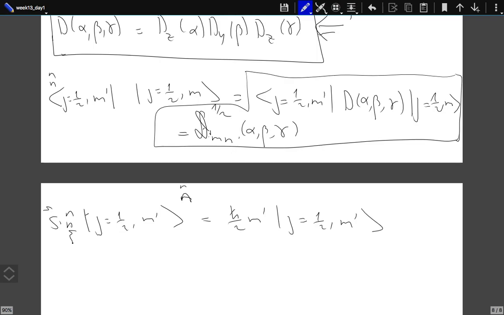This is where the n comes from. And so it's an eigenket of the s dot n operator. The other one, J is equal to 1/2 m. If you act on this with sz, you get h bar over 2 times m. J is equal to 1 over 2 m.